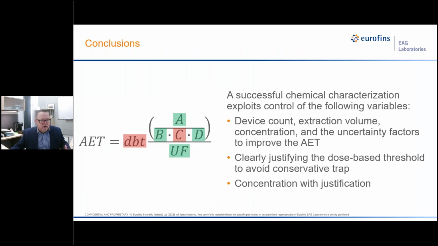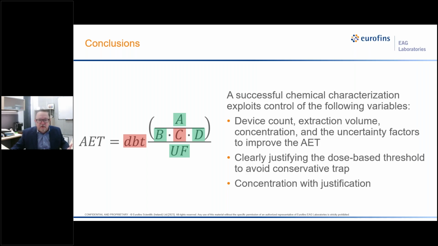So we kind of talked over all the key parts about the AT: number of devices, concentration, solvent, uncertainty factors, the patient exposure, and the dose-based threshold. And although you don't have a lot of control over the dose-based threshold and the patient exposure, it's important that you come to a good consensus on what those values should be and that they're not overly or unnecessarily conservative.